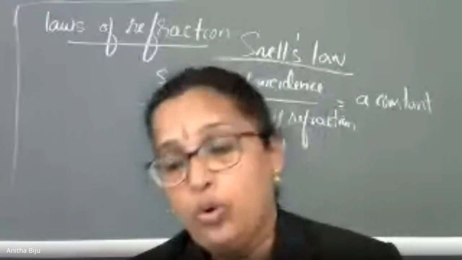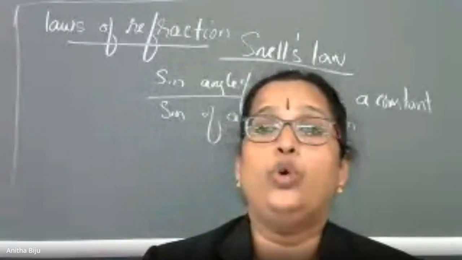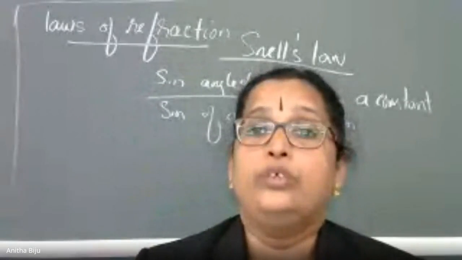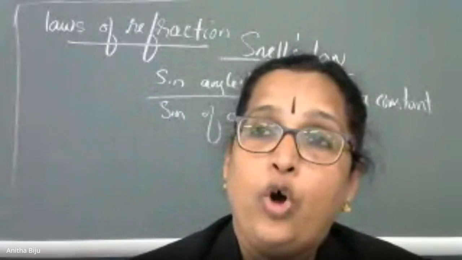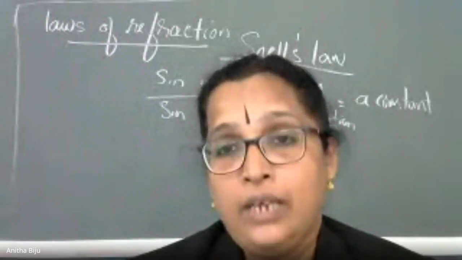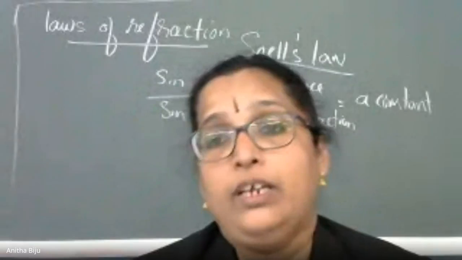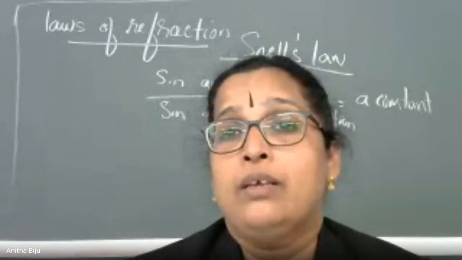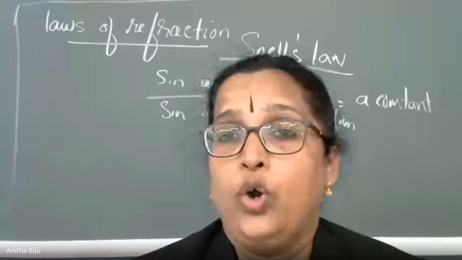Now, it is very difficult to calculate sine and all. So the constant which is formed is known under the name refractive index. It is called the refractive index. So refractive index is simply the ratio of sine of angle of incidence to sine of angle of refraction.